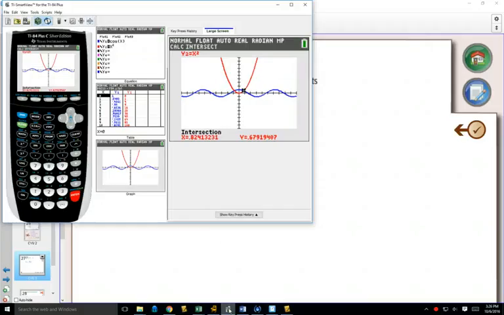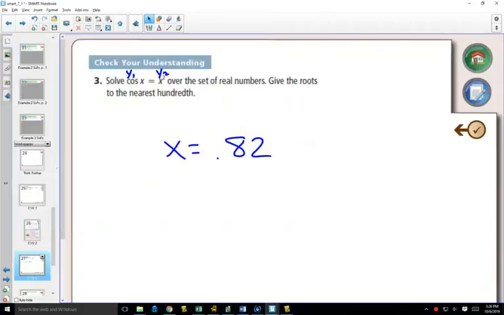If I want to find the other one, I do the same thing again. And this time I move my cursor closer to the other one, push enter 3 times. And it gets negative 0.82. So those are our 2 answers. And we've solved this question.